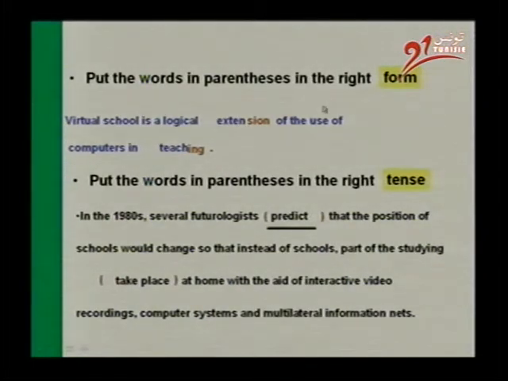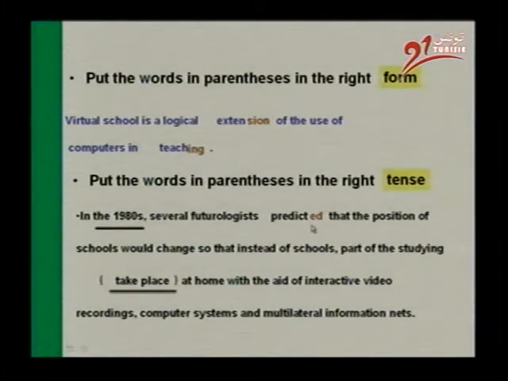Now, focus on the first verb, that is to predict. I have to refer to a specific point or a hint to decide the tense of this verb. And the reference here is the 1980s, which is a definite point in the past, which means I'm going to use the simple past. Predict is a regular verb, so I just add -ed.